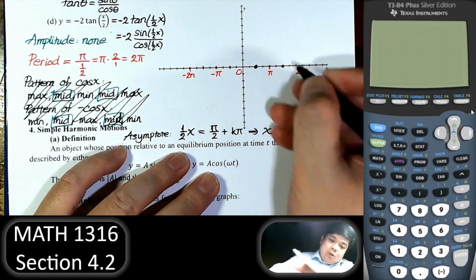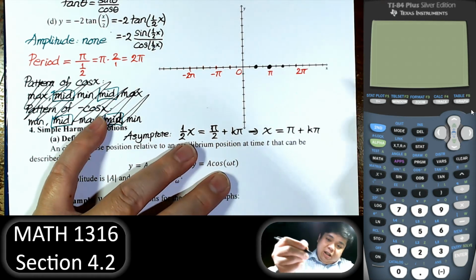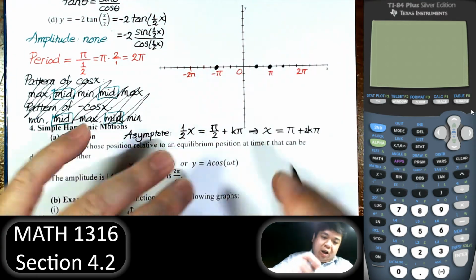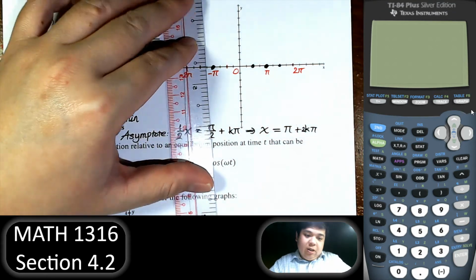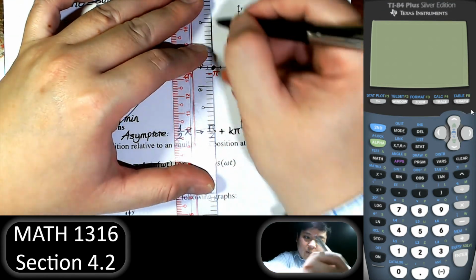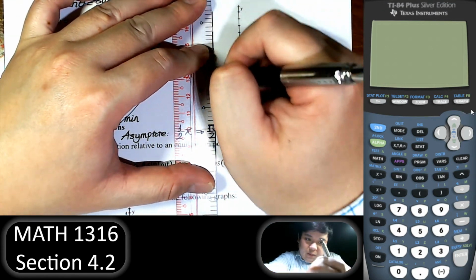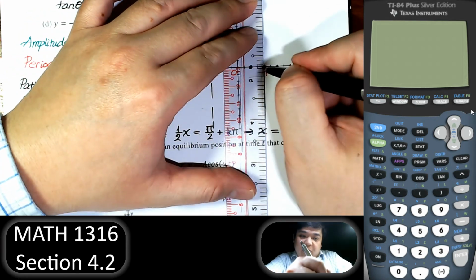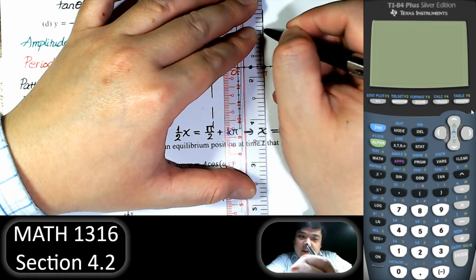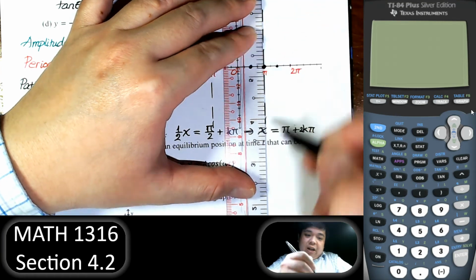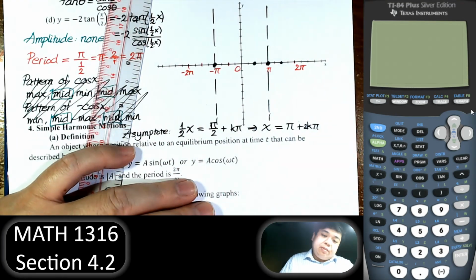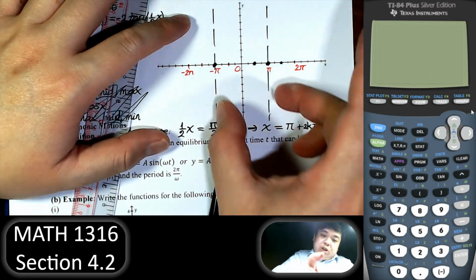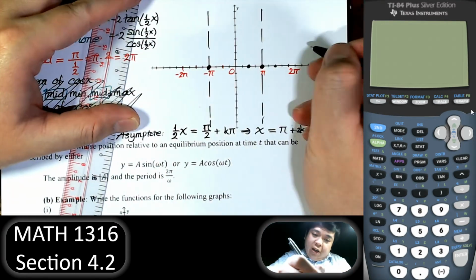So the value equal to 0 is going to be pi and negative pi, actually. So for tangent and cotangent, find where it is equal to 0. That gives us the asymptotes, plus 2k pi, since the period is 2 pi, so this will repeat every 2 pi.